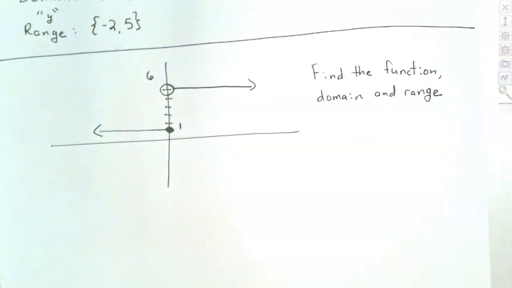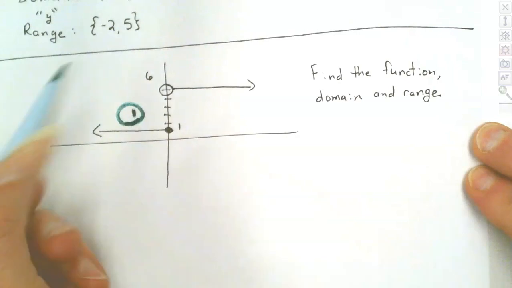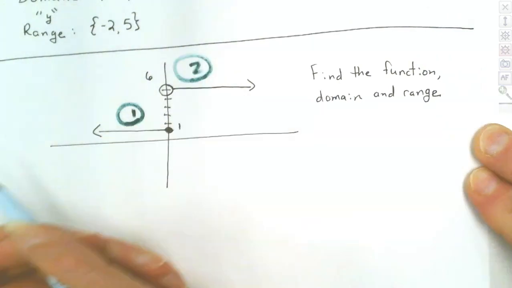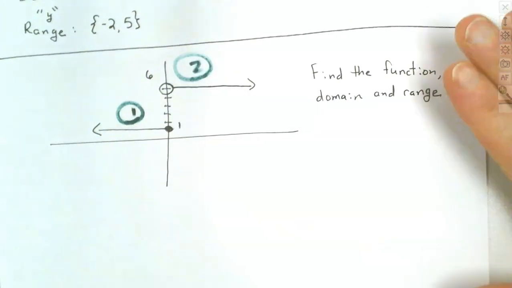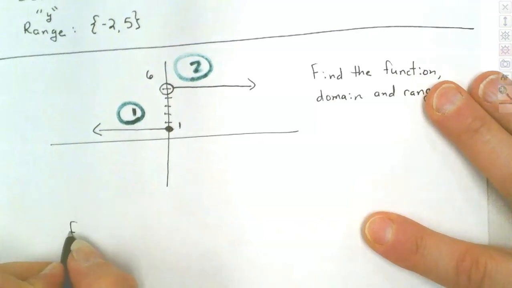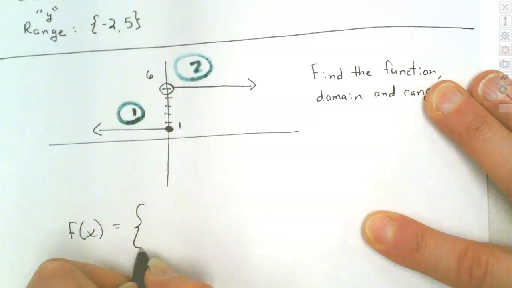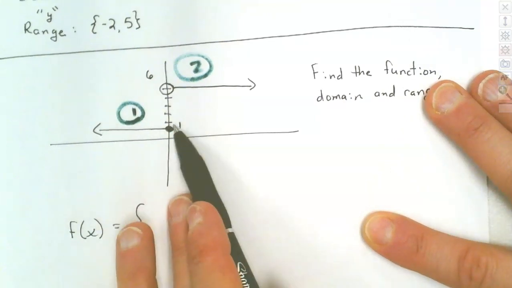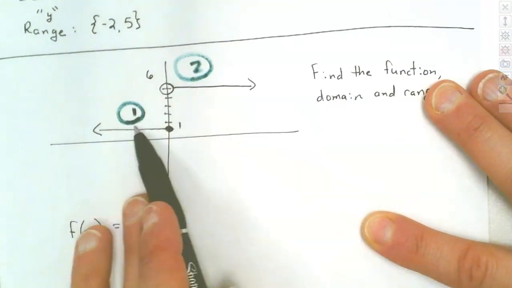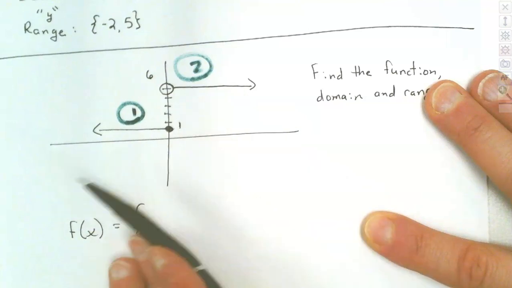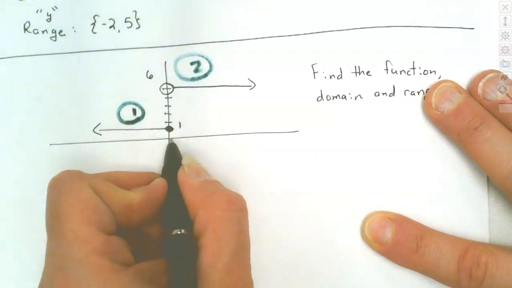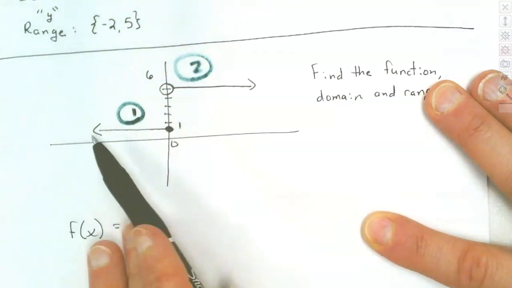Always work from left to right. So this is 1, and this is 2. So the first thing we look at is our transition, and where does it switch from one function to the other? On the x-axis, it switches at what? 0, doesn't it? Right? Because 0 is where it switches.